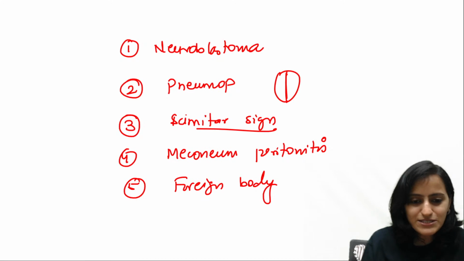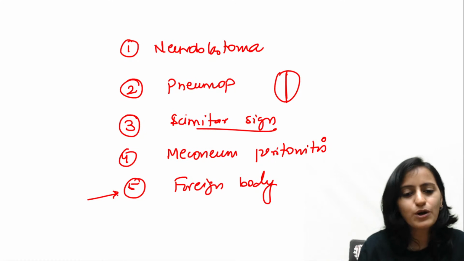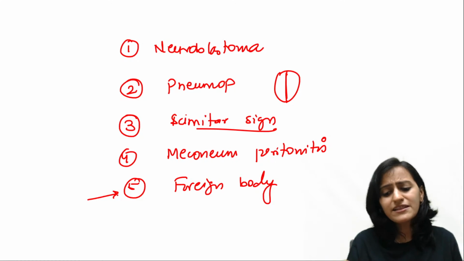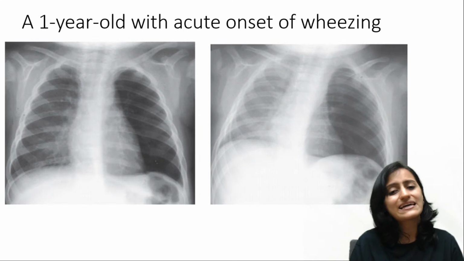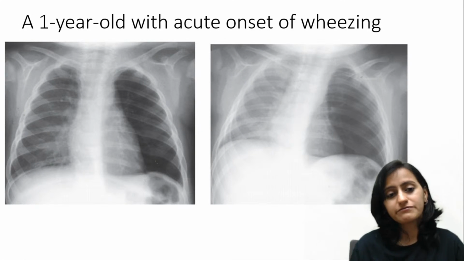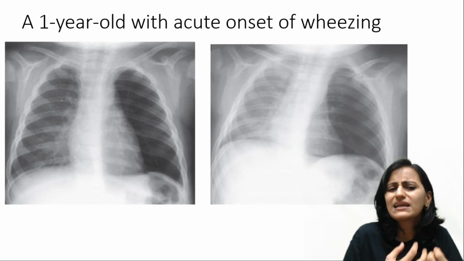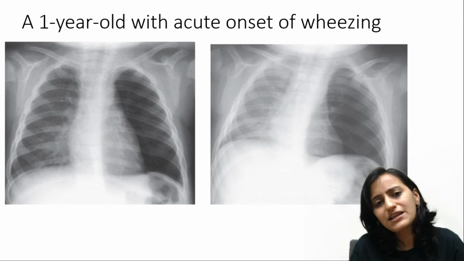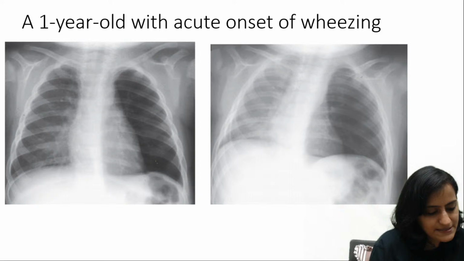Now one final question that I want to ask you. In the foreign body, we said to take an expiratory view. If the child is not cooperative to do the expiratory view, the child is too small, then what can you do in that case?